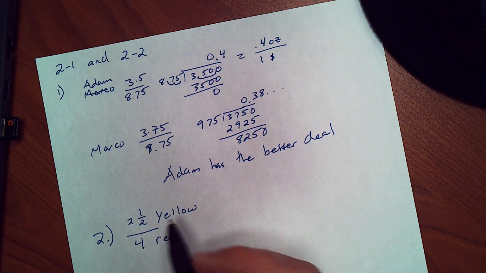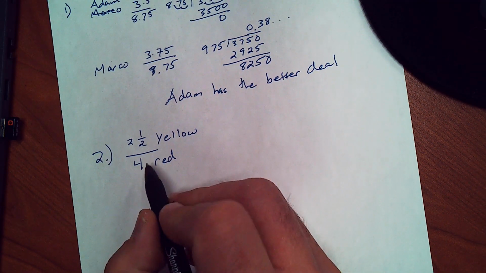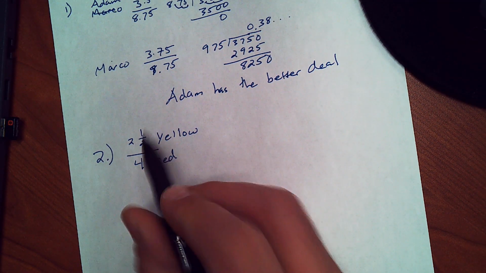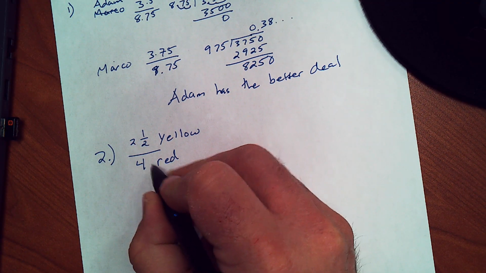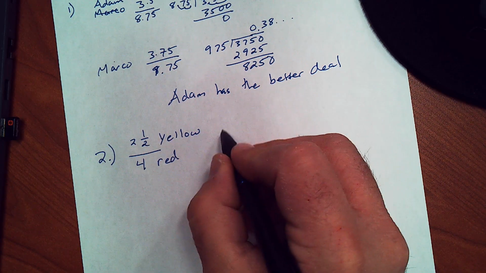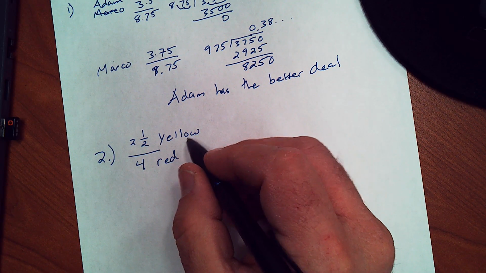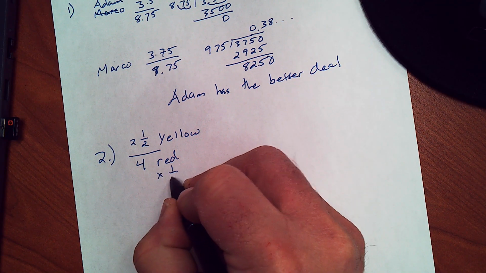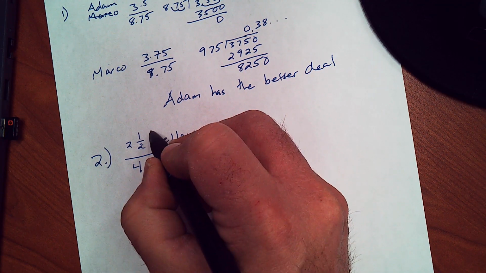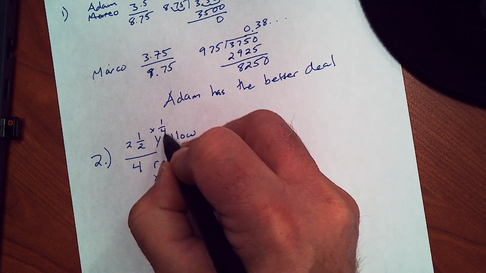Well, if we do 2 1/2 over 4, we can find out how many it takes to get to 1. And we can do that by either dividing by 4 or multiplying it by the multiplicative inverse. So I'm actually going to multiply by the multiplicative inverse, which is 1/4, and I'll multiply this by 1/4.